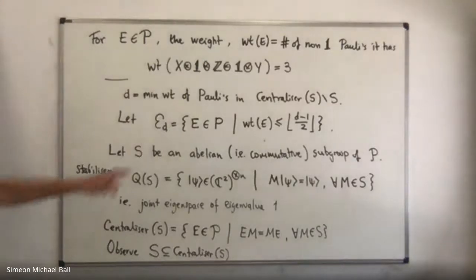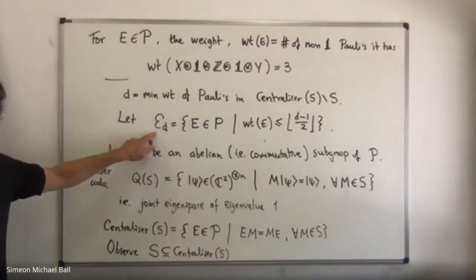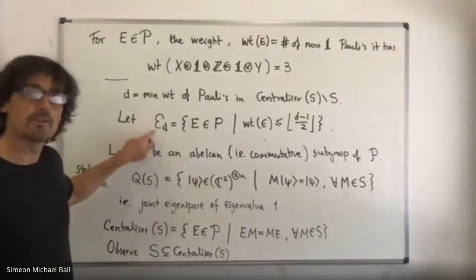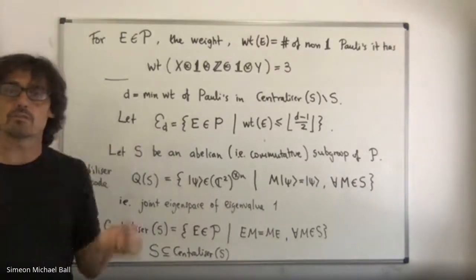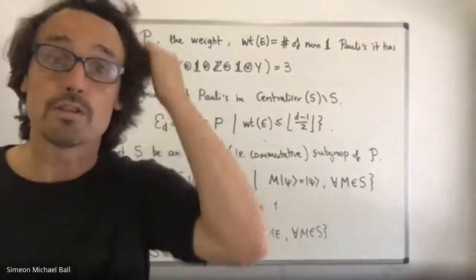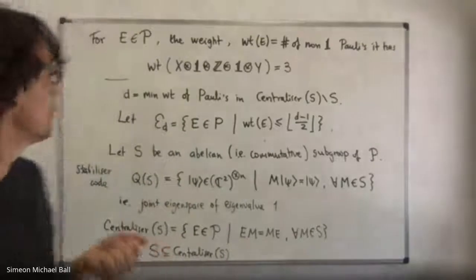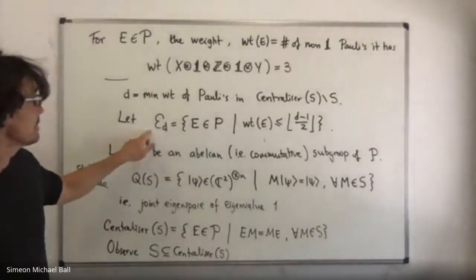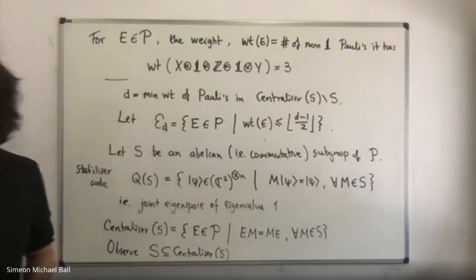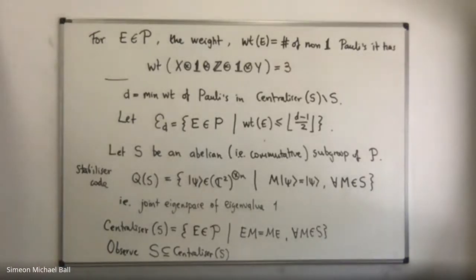And this will be the correctable set of errors. From this, we're going to prove that there is a recovery. And then from the discretization of errors theorem that we just saw, this will imply that we can correct any linear combination of the errors in E_D.